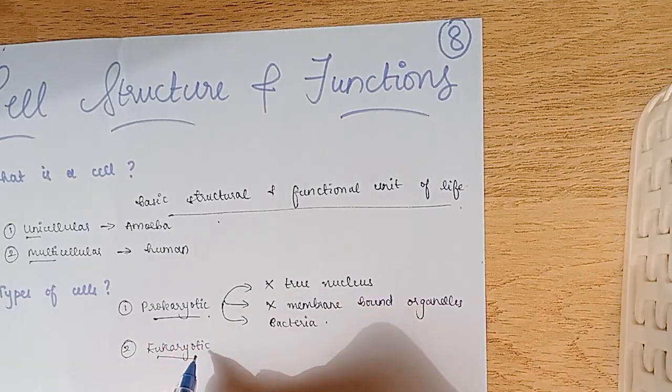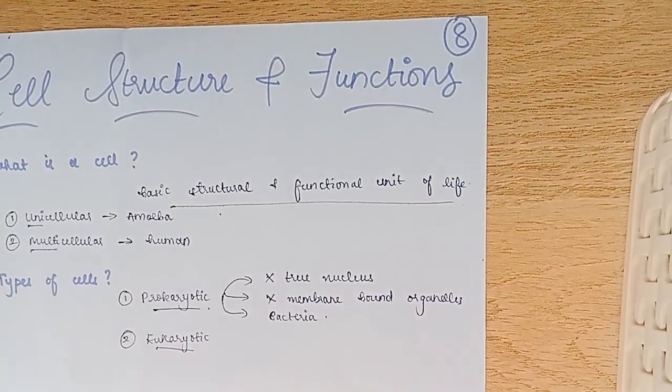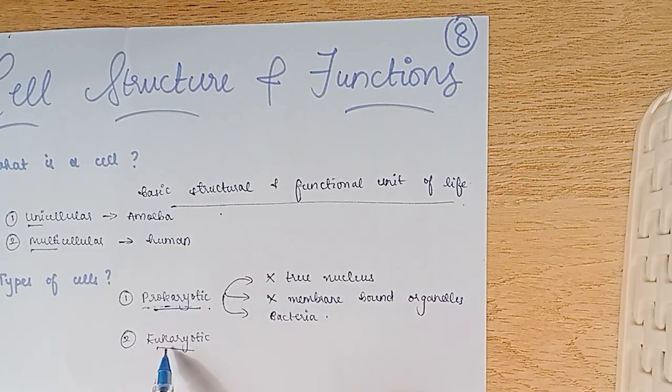Number two is eukaryotic. Now, if you're confused about how you will remember what a prokaryotic and eukaryotic cell is, remember it from the name. Karyon means nucleus, and pro means false or no true nucleus. Again, karyon means nucleus and eu means true.